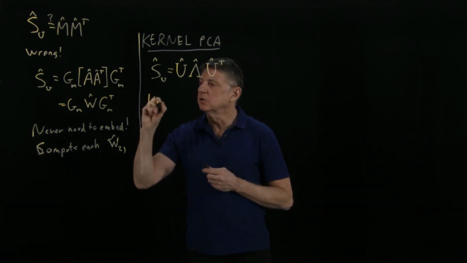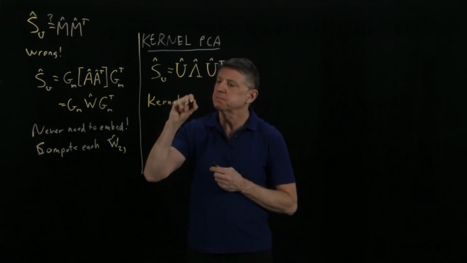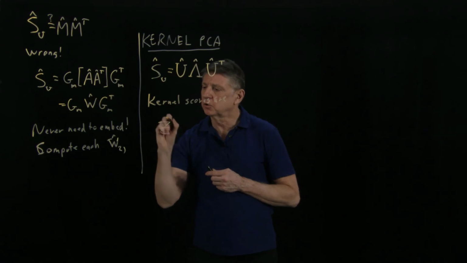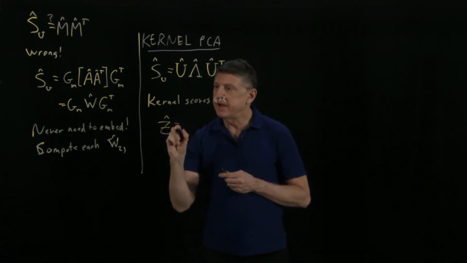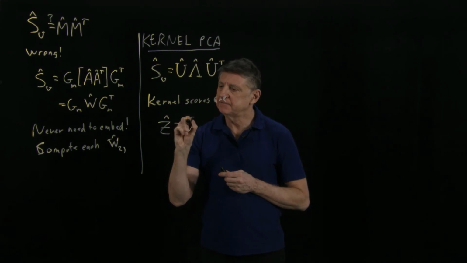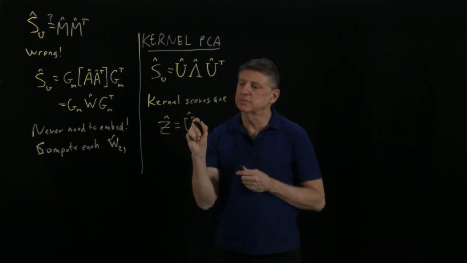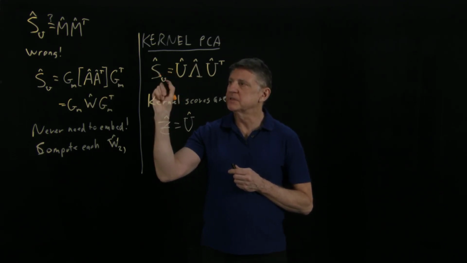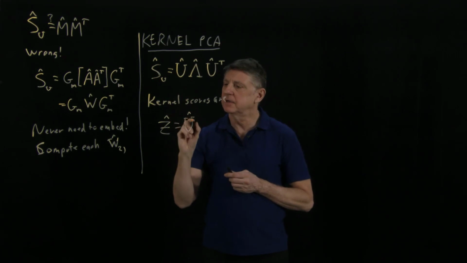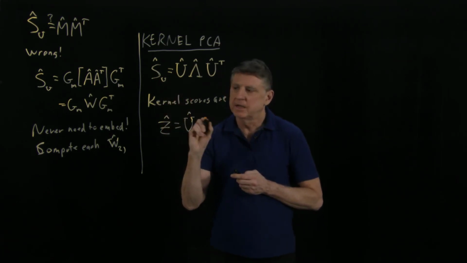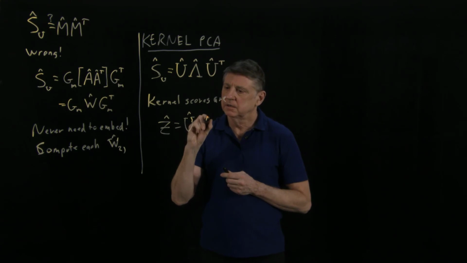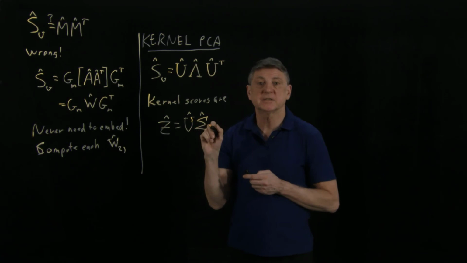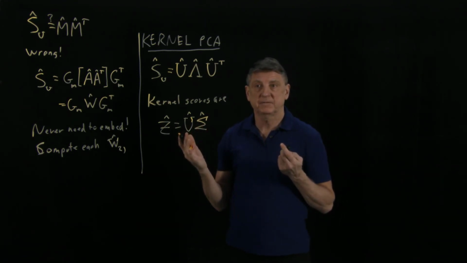That means that our kernel scores, we would form a kernel score matrix, and that would be the left singular vectors from the SVD of the centered scatter style object times the singular values that come out of the SVD, and we have this.